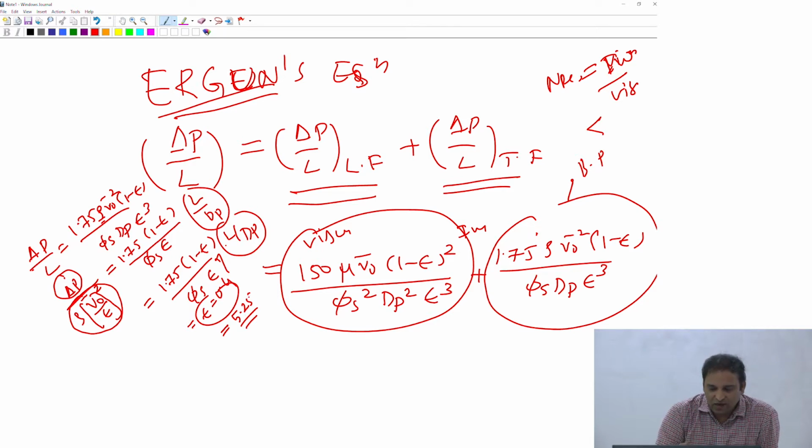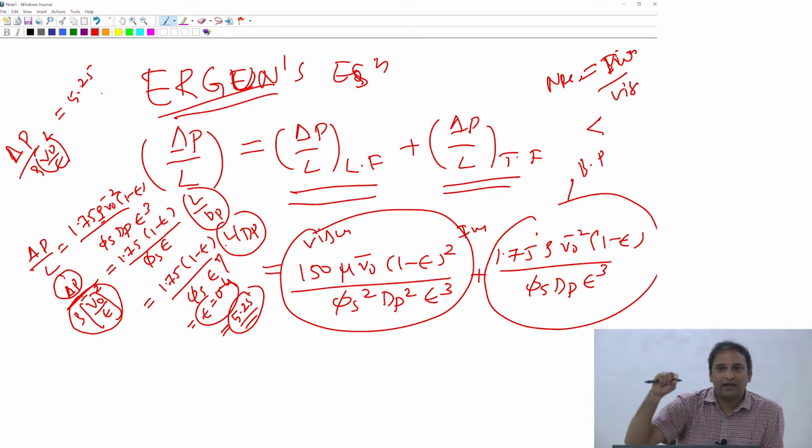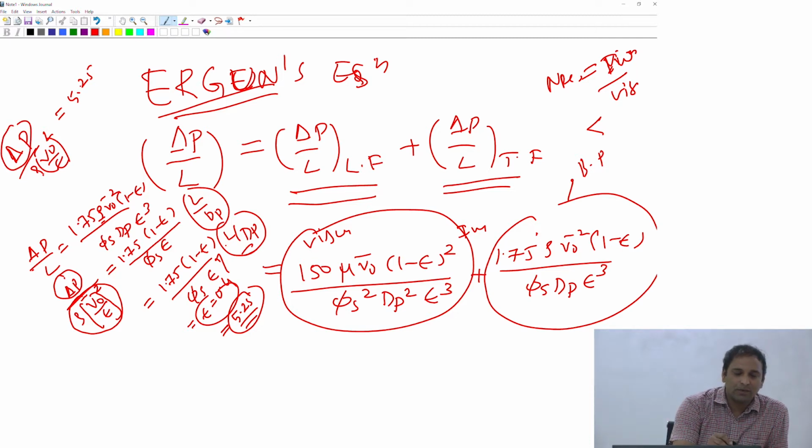So delta p by rho v naught bar square by 2 is of the order of 5.25, for every layer, because I'm taking L by dp as 1. It tells you, for every layer of particles in the packed bed, what the pressure losses are compared to the head losses.